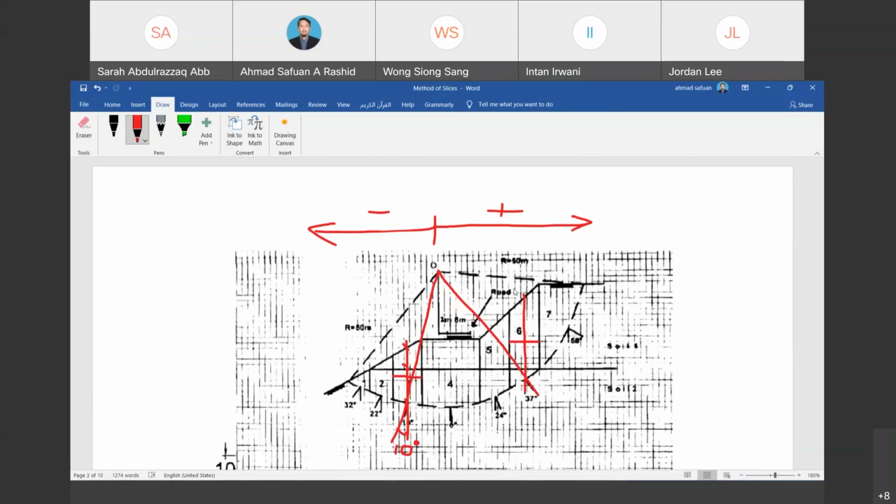But at the same time, there is a road on slice number 4. So you may include the width of the road in the driving moment. You need to find the typical width of a road.